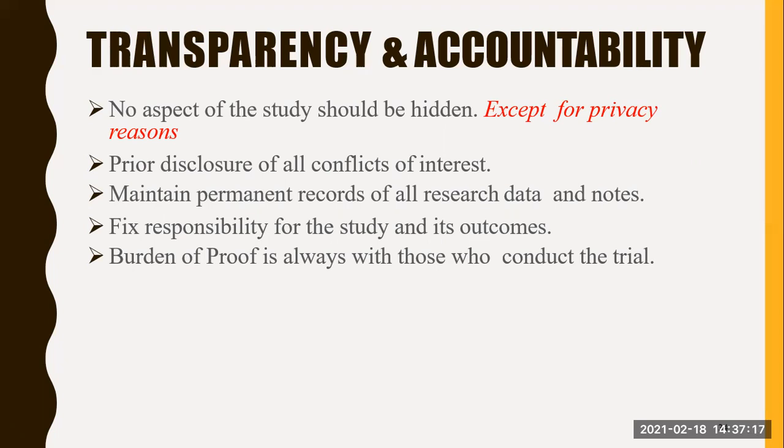Okay, so no manipulation should be done in the clinical trial studies. Prior disclosure of all conflicts of interest is essential. The sponsors need to maintain permanent records of all the research data and the notes. Then fix responsibilities for the study and its outcomes.